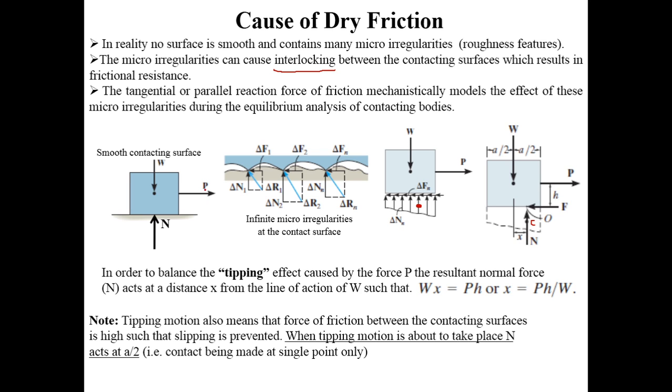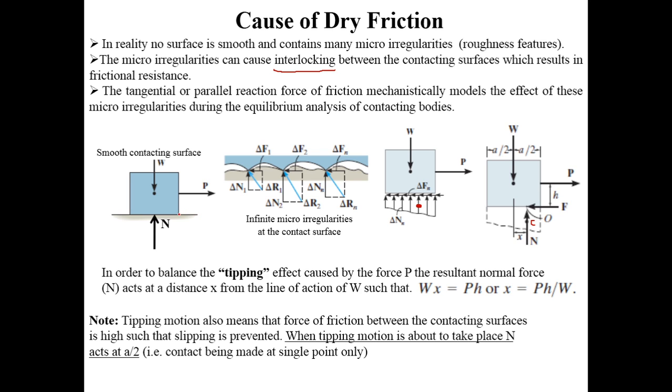Now, when this force P is applied on this body, you see that this applied force can have two kinds of effect. Either this force can simply slide this object along this surface, or it can tip the object over the surface.